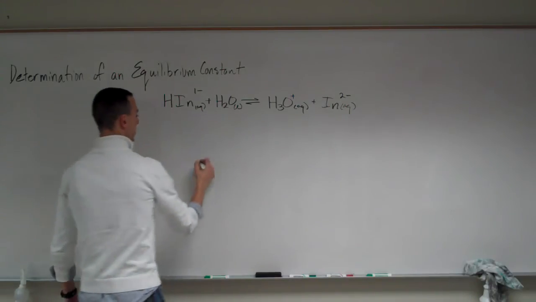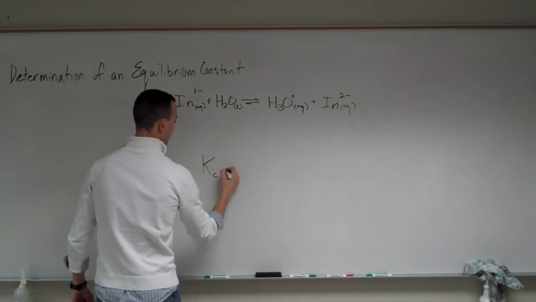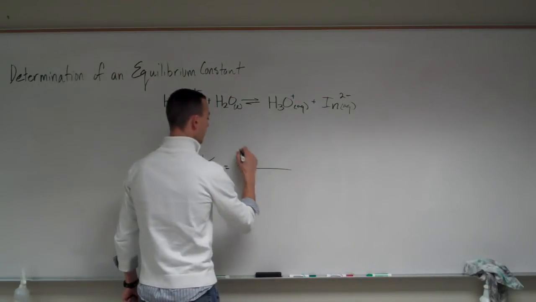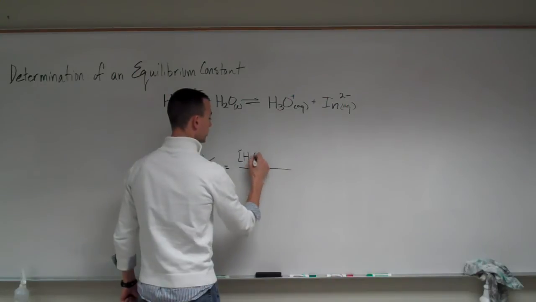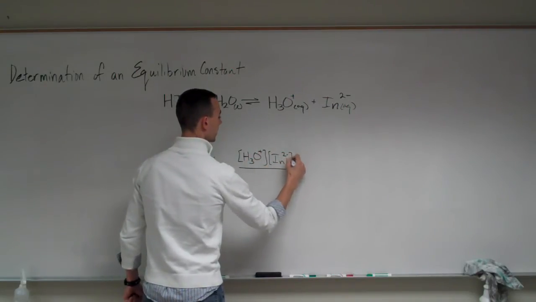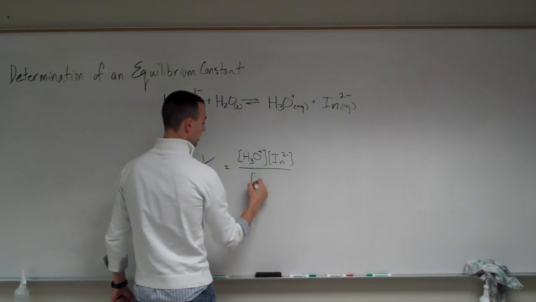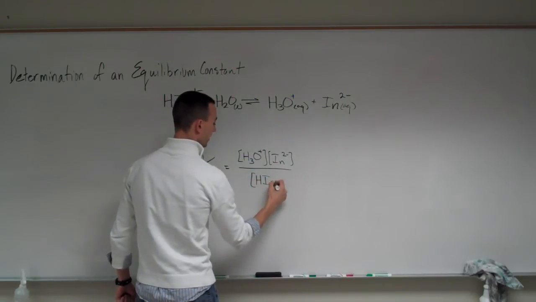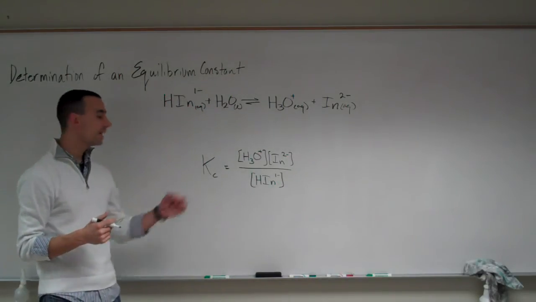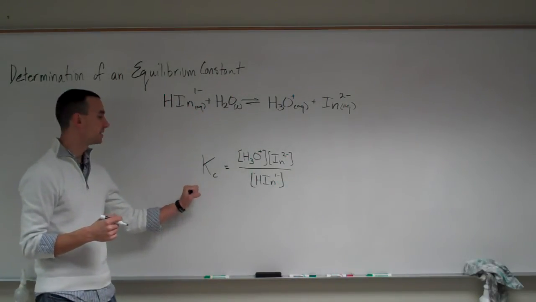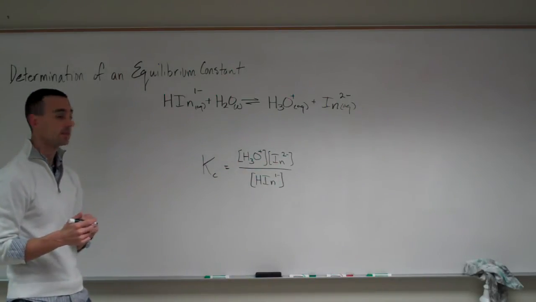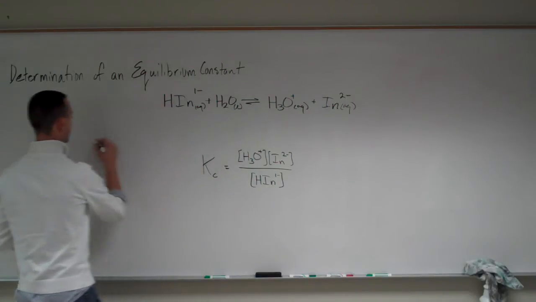So the equilibrium constant for this reaction, Kc, because we're using concentration, is going to be found by taking the concentration of H3O+ times the concentration of In2- divided by the concentration of HIn1-. So what we need to come up with our Kc is these three values at equilibrium. Well, the H3O value should be pretty easy.